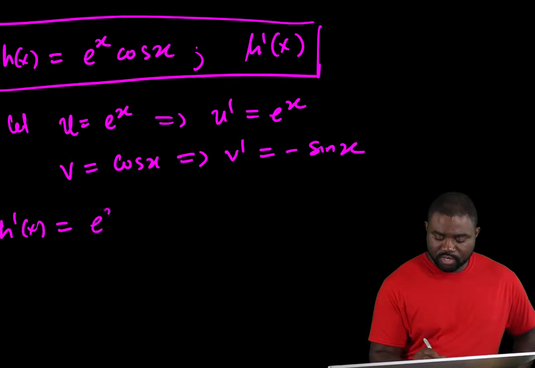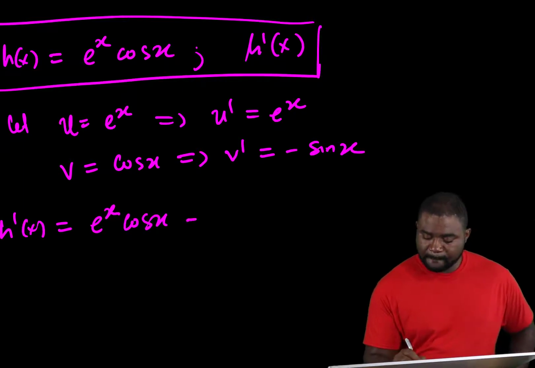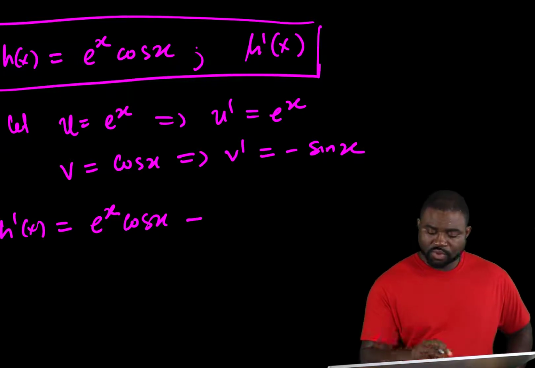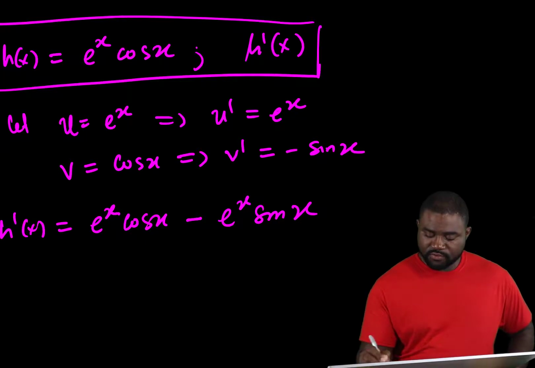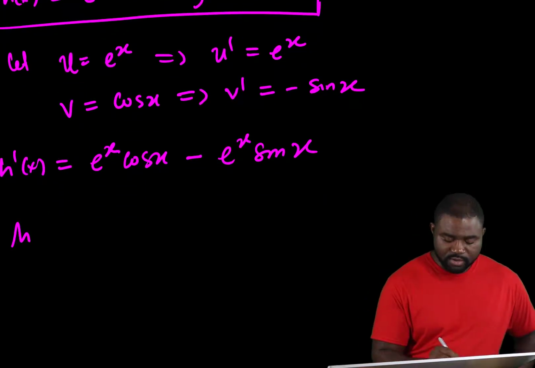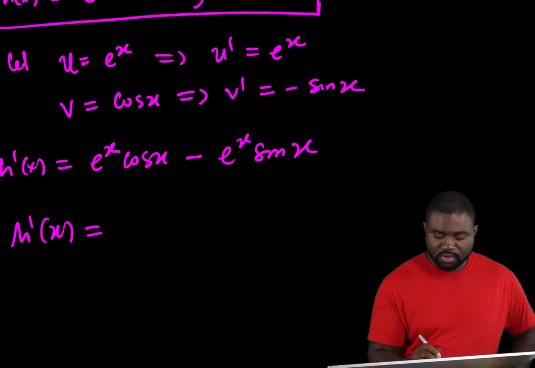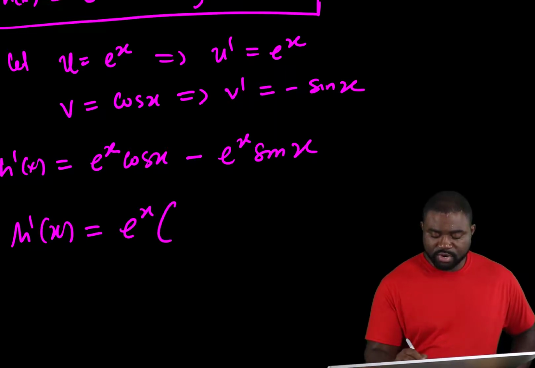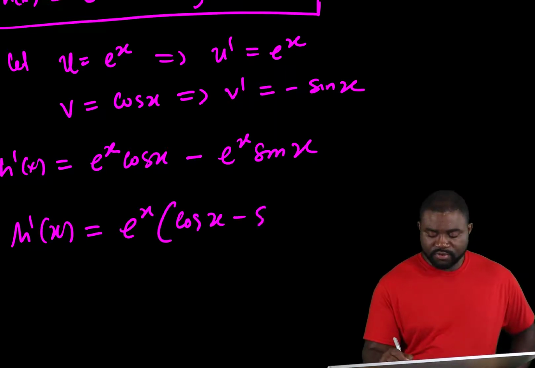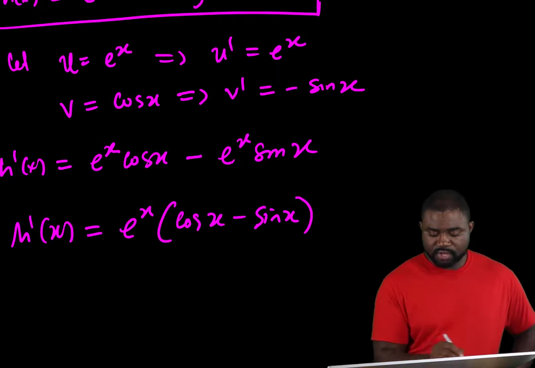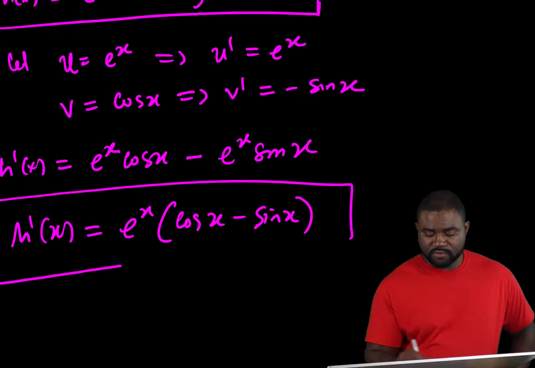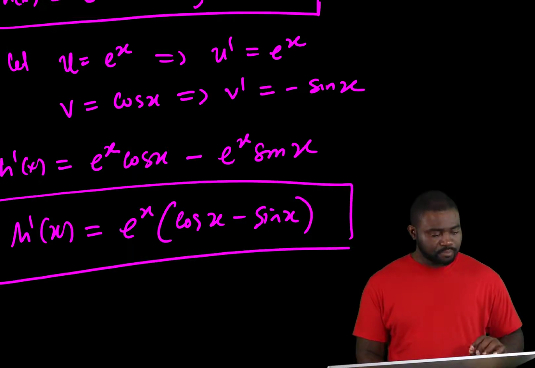So this is going to be e to the x cosine x minus u, which is e to the x sine x. So we can further simplify. H prime of x will be equal to e to the x bracket cosine x minus sine x. This is our result.